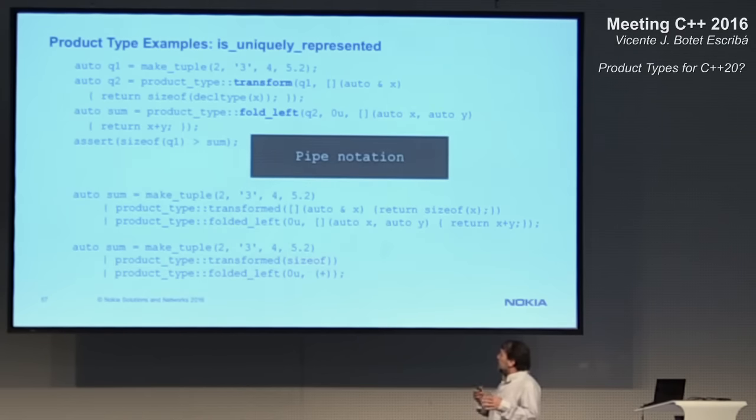And we see that we have something that is quite similar to what we have with ranges. And we can apply these functions using some pipe notation, and we could have things like that. We transform and we fold.